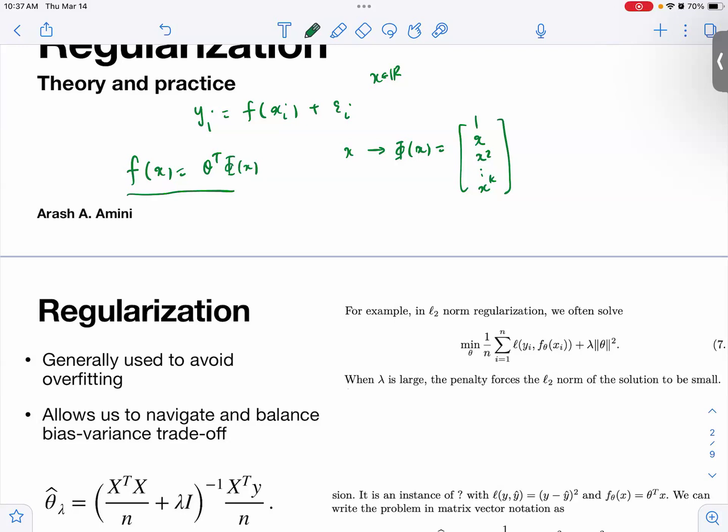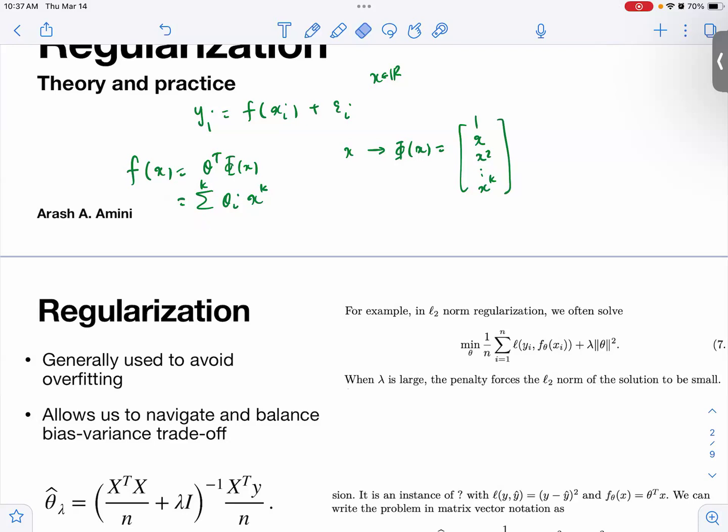So in the feature space, I still have a linear function. The function is linear in these features, but in the original space, it will be nonlinear. So this would give me a polynomial. You might have seen this before. So I get x to the k.